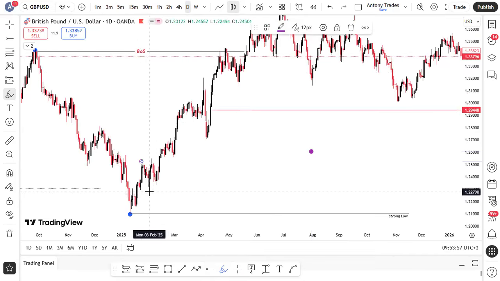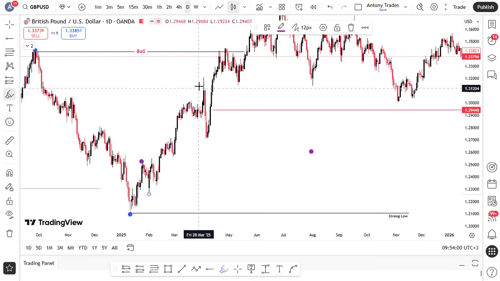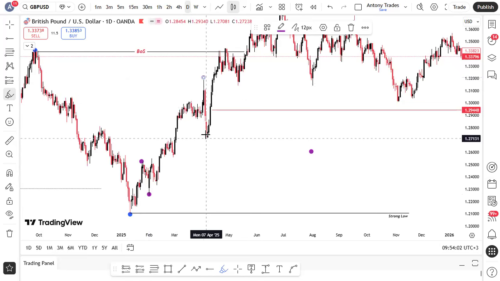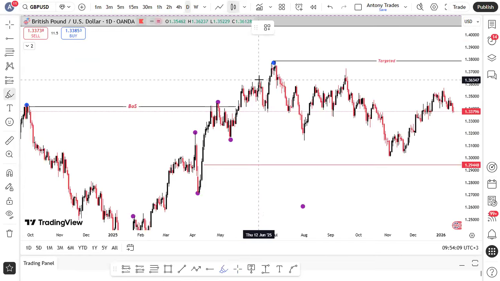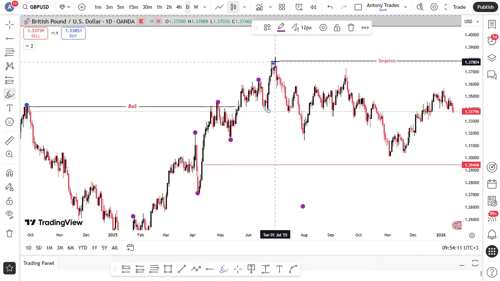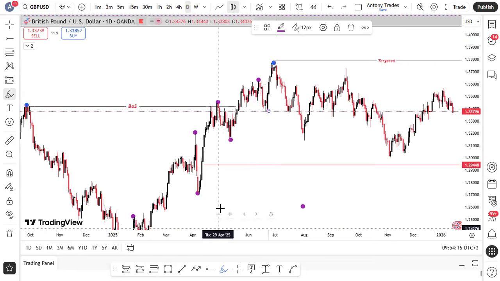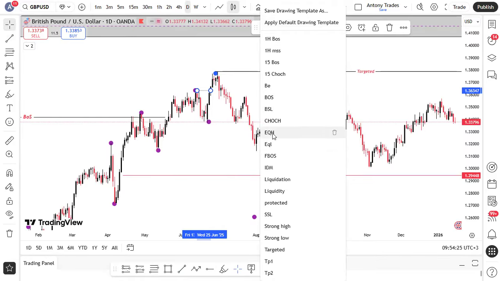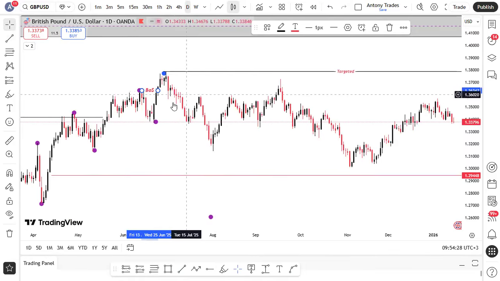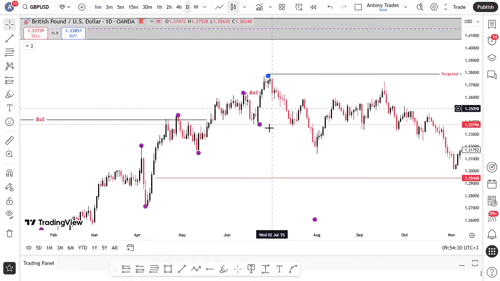Higher high, higher low, higher high, higher low, and this was the last higher high. That means this was the last break of structure on the daily time frame.